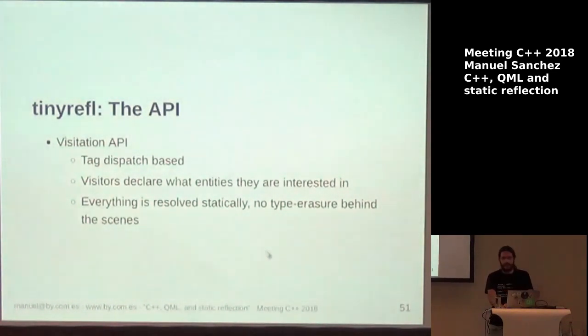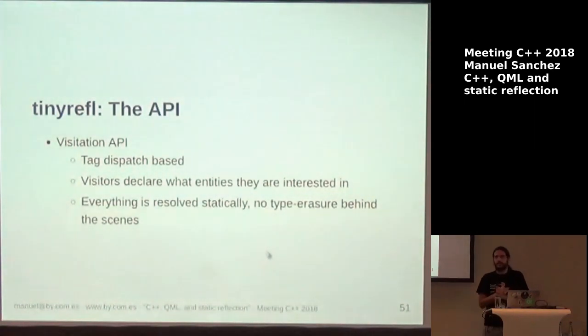It provides a visitation API. It's pretty similar to what std::variant or boost variant does, but it's tag dispatch based, because depending on what you want to visit, the type of the callback could change.